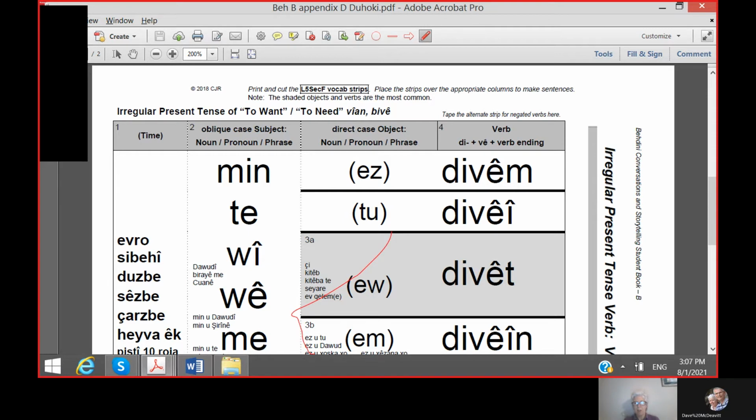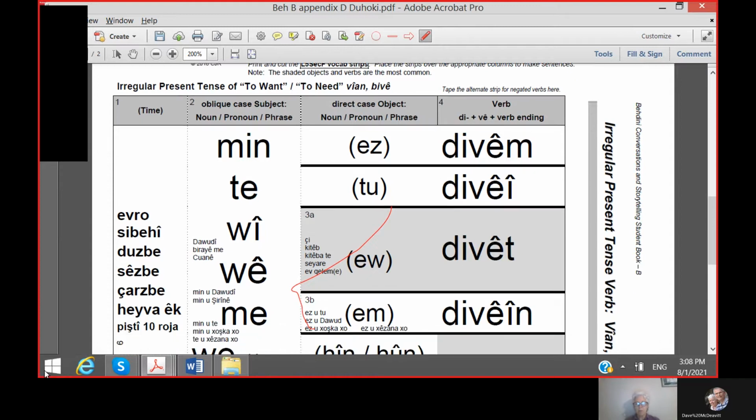Right here. Sorry, my mouse isn't working right, but that first shaded area. So if what, or book, or your book, or car, or this pen is your object, then you're going to have debate with a T as your verb.